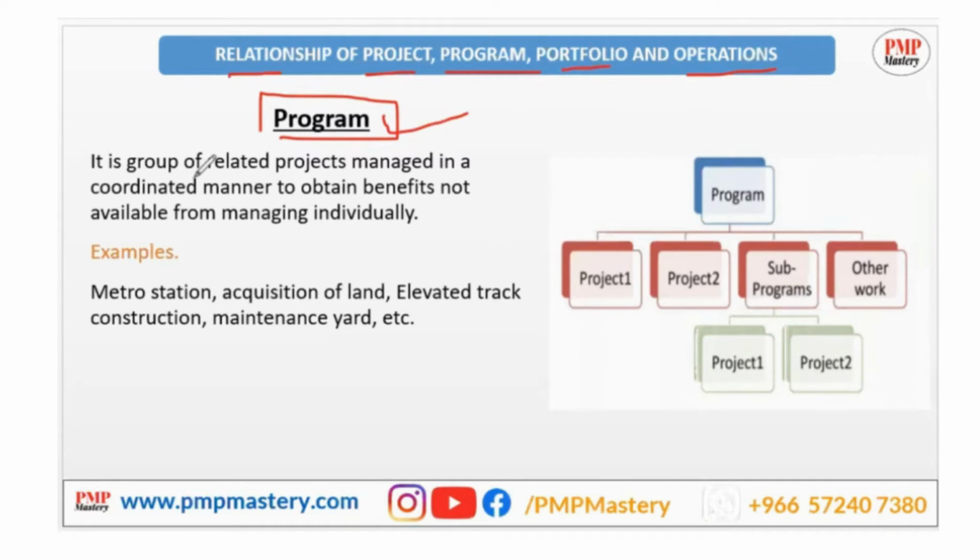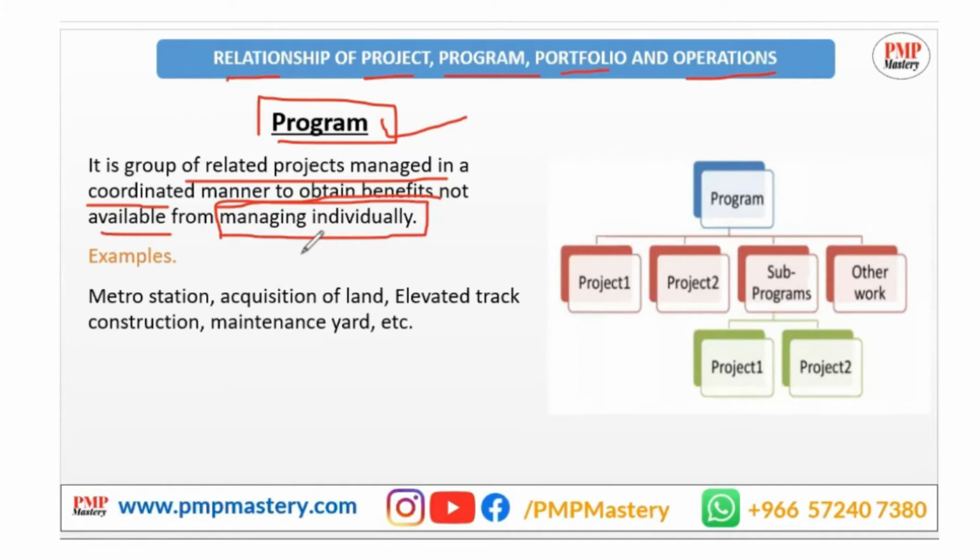It is a group of related projects managed in a coordinated manner to obtain benefits not available from managing them individually. If one of the projects you are managing is not benefiting the organization when managed individually, then you have to form a program.